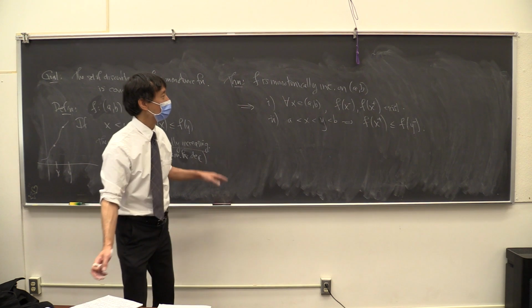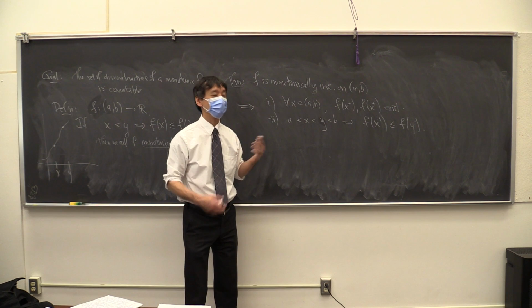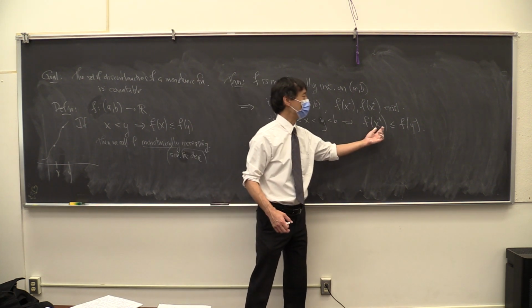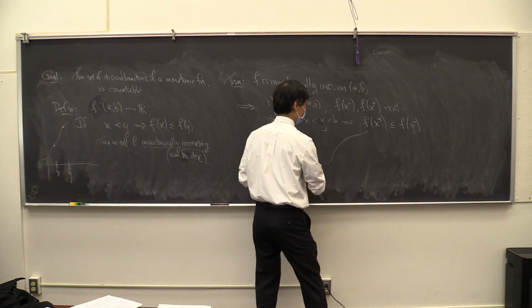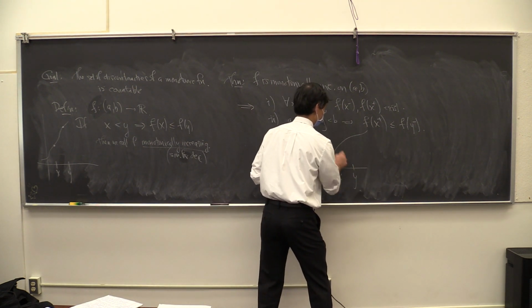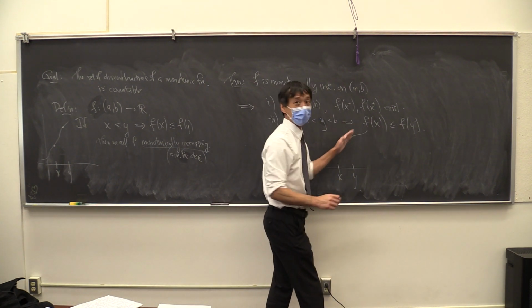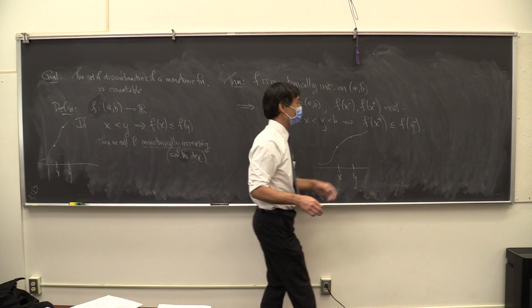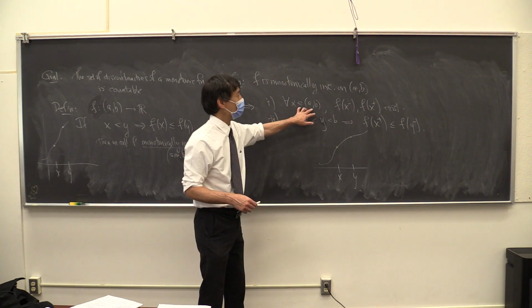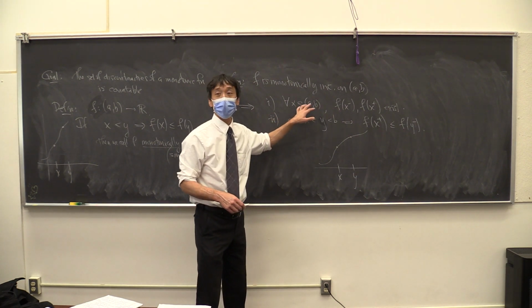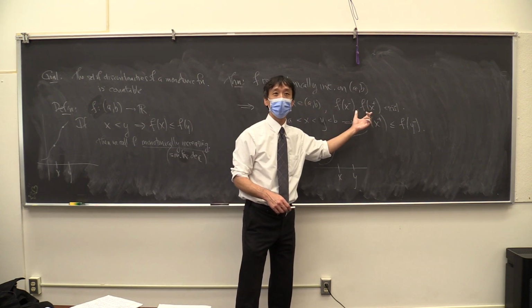Okay. I think the second one is kind of obvious, kind of intuitive, right? If you've got a function that's increasing, and you have 2 points here, then the right-handed limit of this guy is going to be less than or equal to the left-handed limit of that guy. That's what you would expect. This one is maybe not as obvious, that if your function is monotonic, you're guaranteed left and right-handed limits.